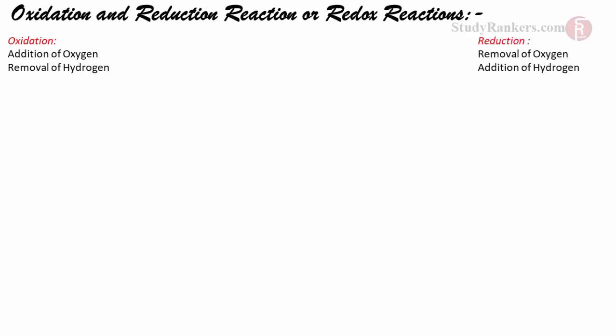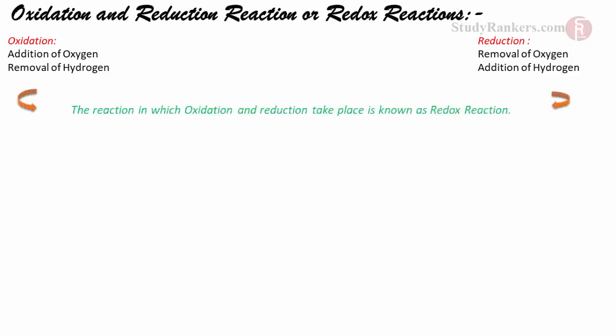Let's understand redox reaction. In such reactions, the process of oxidation and reduction takes place simultaneously. Oxidation reactions are reactions in which oxygen is added or hydrogen is removed. In reduction reaction, oxygen is removed and hydrogen is added.